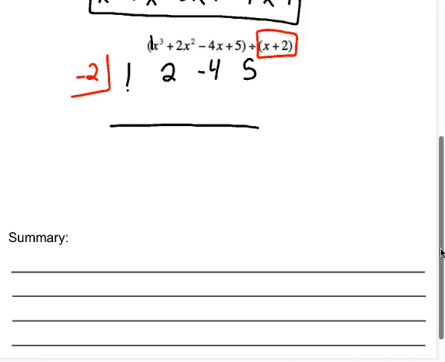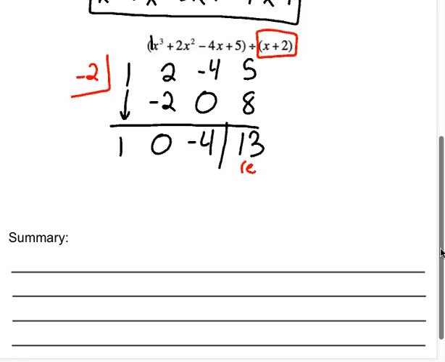All right, so I begin by dragging that first number down, and then I multiply. -2 times 1 is a -2. Add, then multiply. Add, then multiply, add, and I offset that last number. Because that last number is always going to be the remainder.